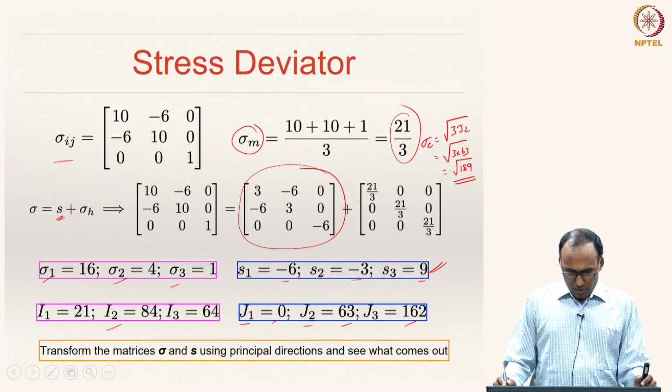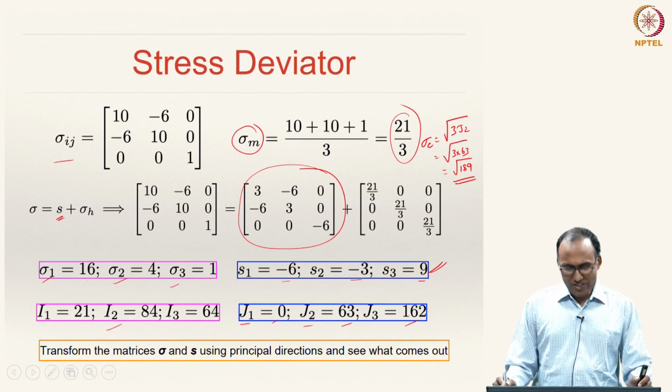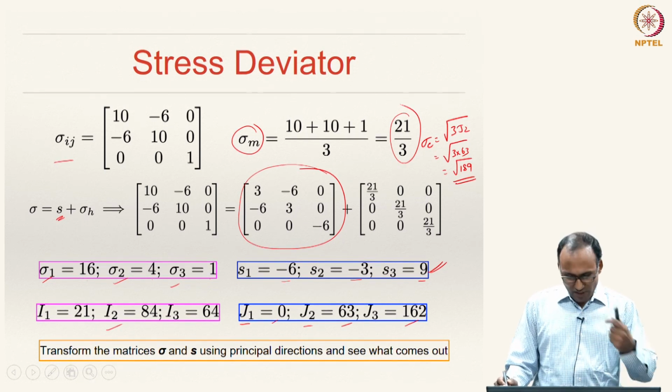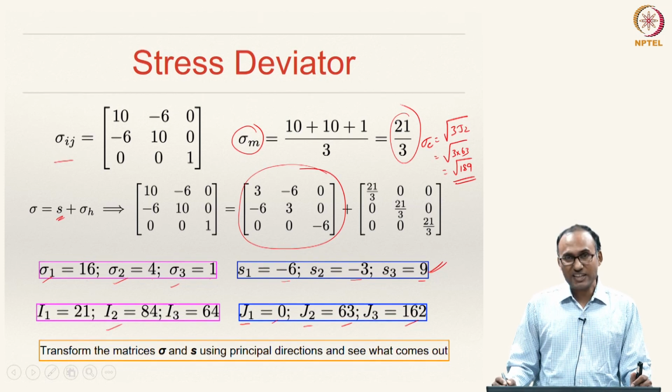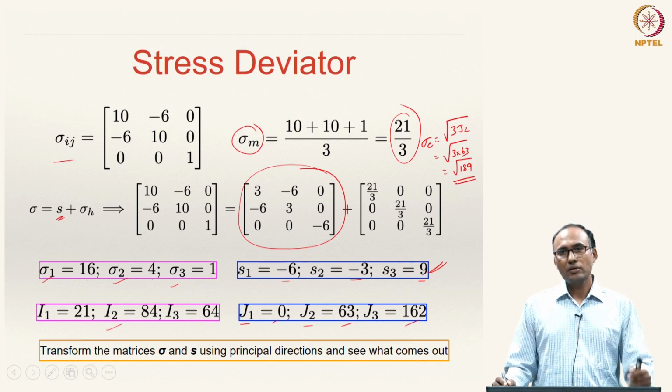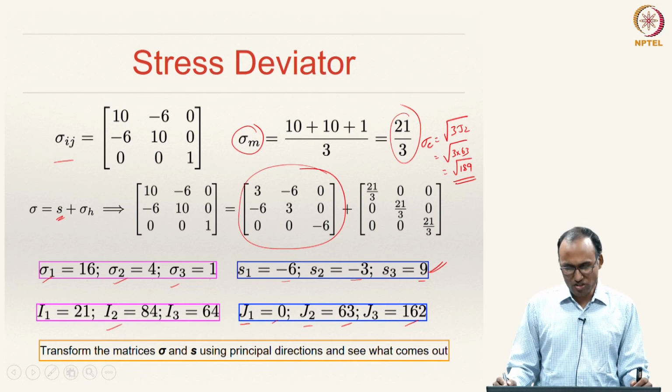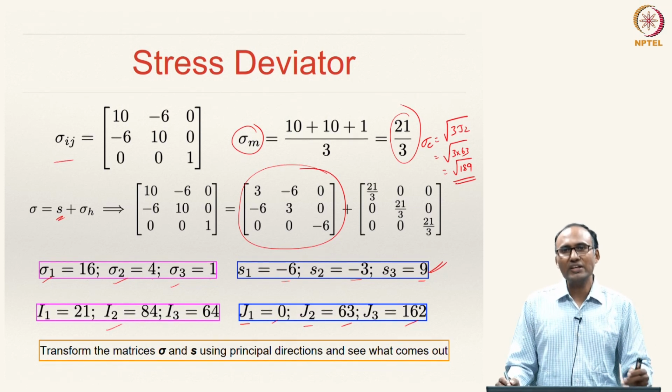Alright. Now, if you know the principal stresses, you can always find out principal directions, that means the eigenvectors will be the principal directions. If you know eigenvalues, you can always find the eigenvectors. So, the eigenvectors will be the corresponding principal directions for the eigenvalues or the principal stresses.